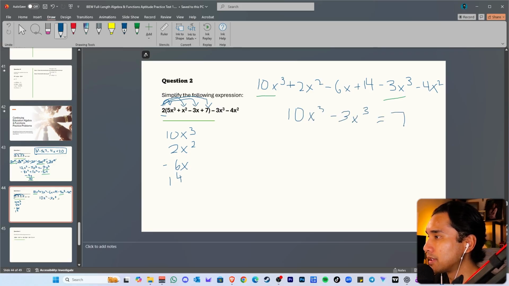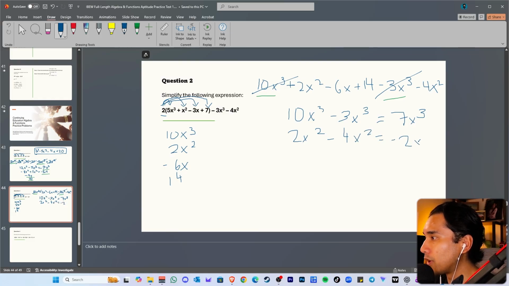What does that equal? 7x cubed. Okay. What else can we do? Remember, I would cross things out. It just makes it easier to see. 2x squared minus 4x squared equals negative 2x squared.